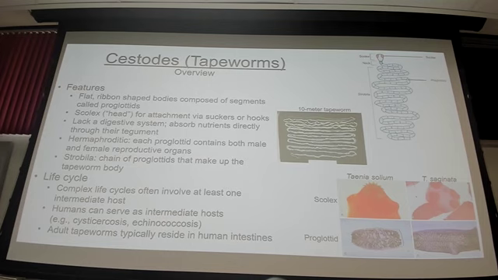In terms of eating, that scolex is a head only in name, there's really no mouth there. They acquire nutrients through the entire body. It just absorbs nutrients through the whole body surface, so they're just absorbing whatever content's there.